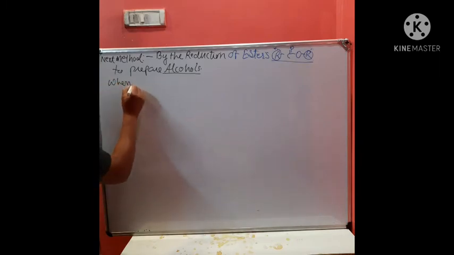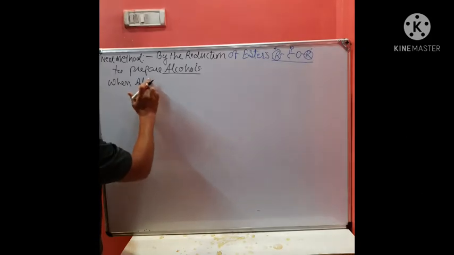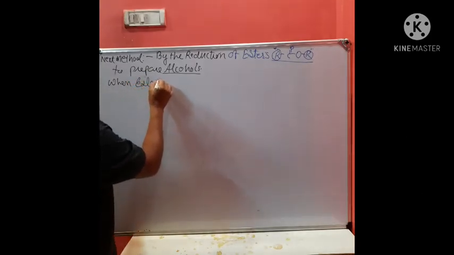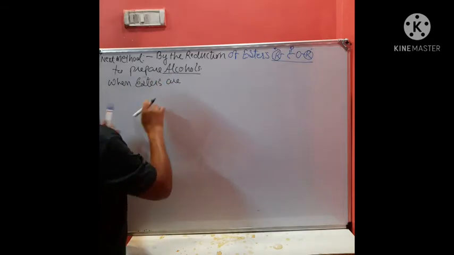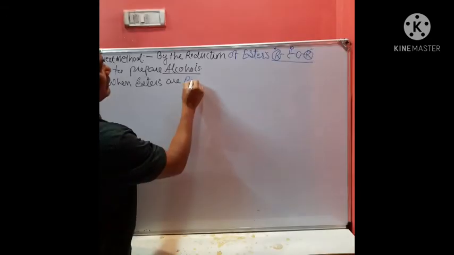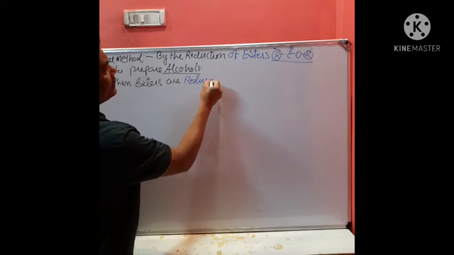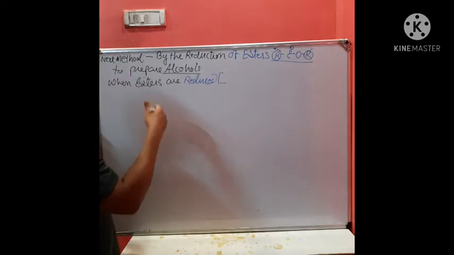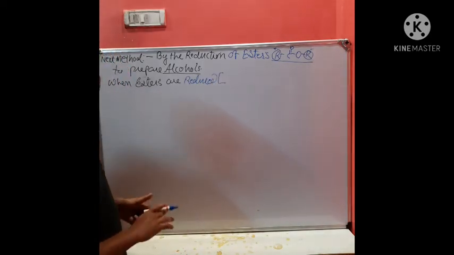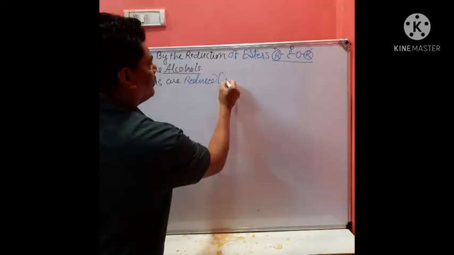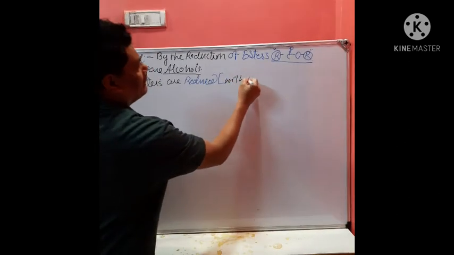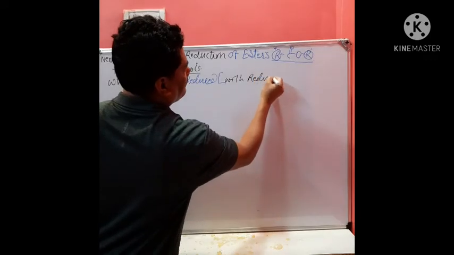When esters are reduced, alcohols form. Student, you know that reduction requires some specific reducing agent.